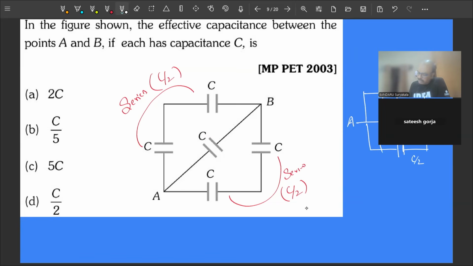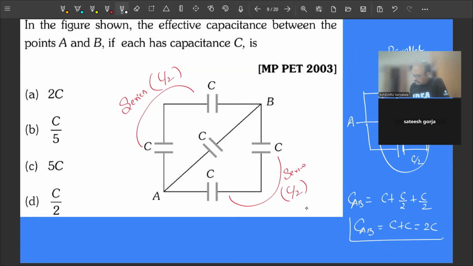Now all these three are connected in parallel. So CAB equals C plus C by 2 plus C by 2. C by 2 plus C by 2, it becomes C plus C, it becomes 2C.